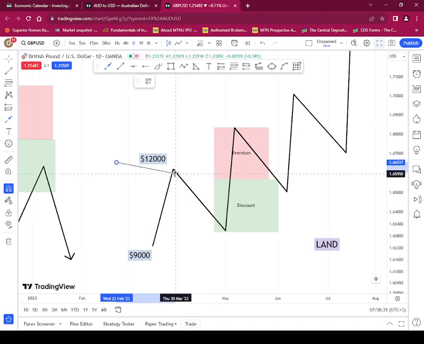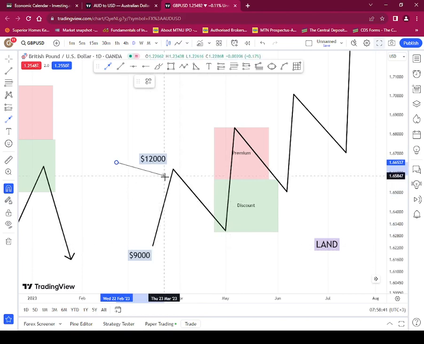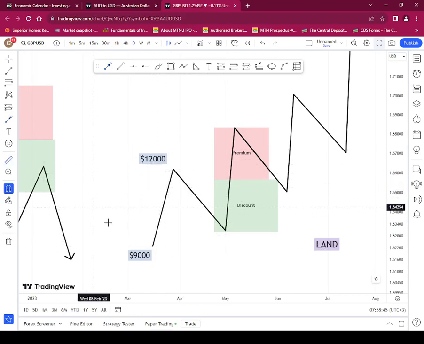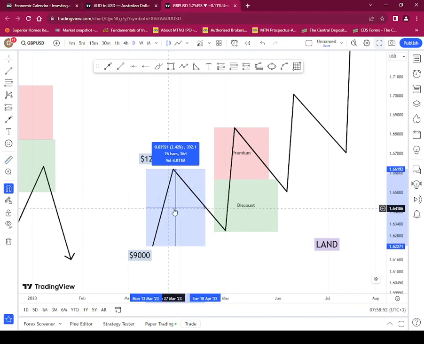So this momentum down here, I'm going to measure from down here to up here. I'm going to take my ruler from 9,000 to 12,000, and then I'm going to get my 50%. It means my lower half will be my discounted areas, my upper half will be my premium areas.